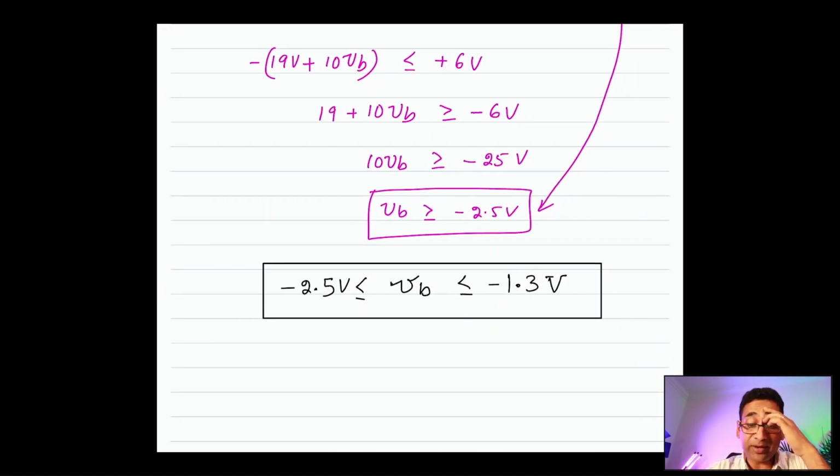If your VB is between negative 2.5 volts and negative 1.3 volts, then your op-amp is functioning in the linear region. Now, in the next example, we are going to look at a little more interesting problem. We'll put in some more numbers.